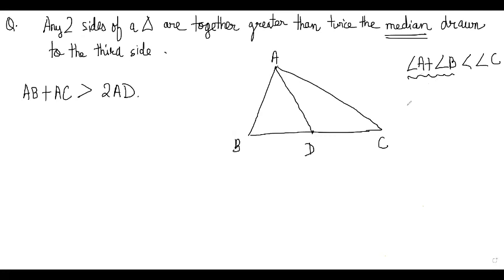So you can say that angle A plus angle B plus angle C will be equal to 180, and this sum is less than 2 times angle C. So this 180 is less than 2 times angle C.